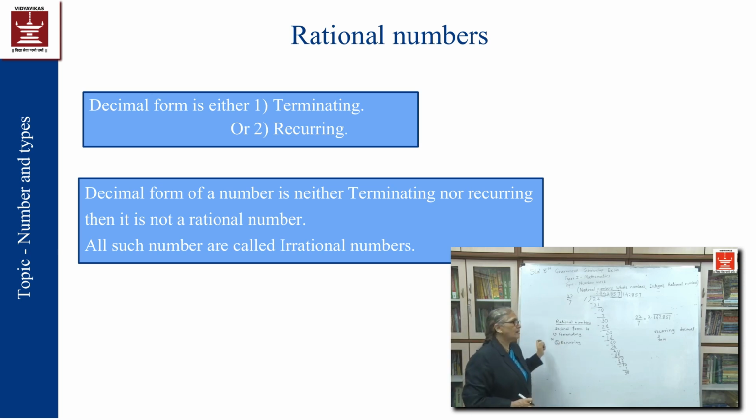If I say neither recurring nor terminating, or neither terminating nor recurring, then do we have such numbers? Do they exist? Yes, the answer is yes.